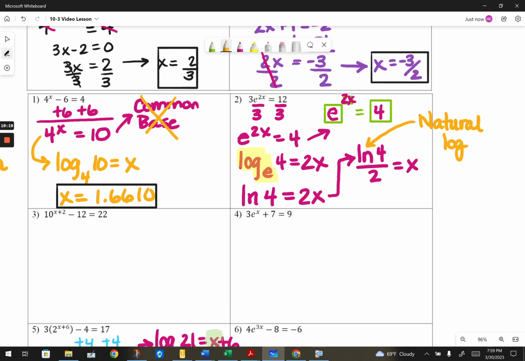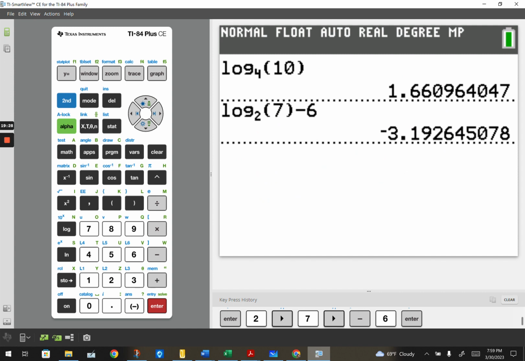So let us go to the calculator and type ln 4 divided by 2. So ln is right here by the 4. Oh, let me do alpha y equals to make that stack fraction first.